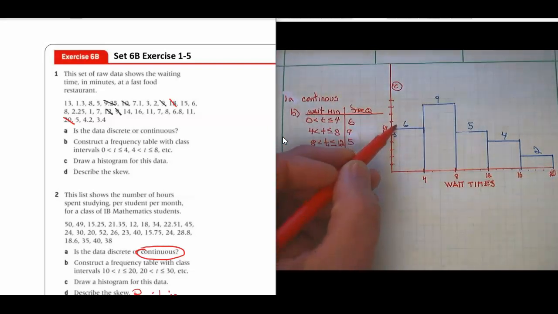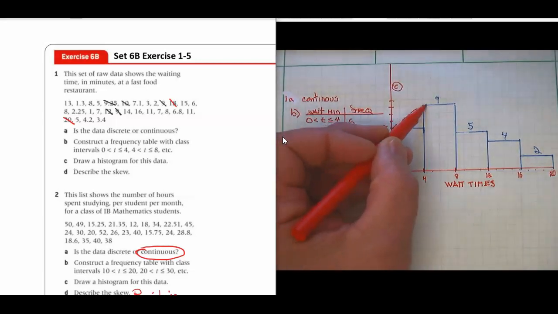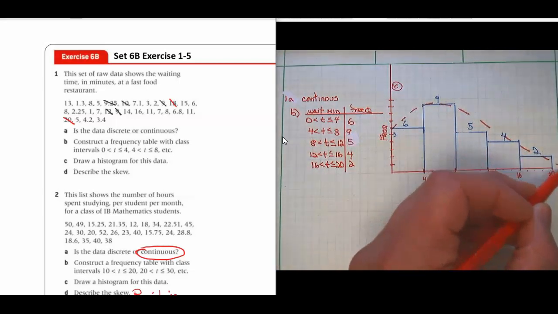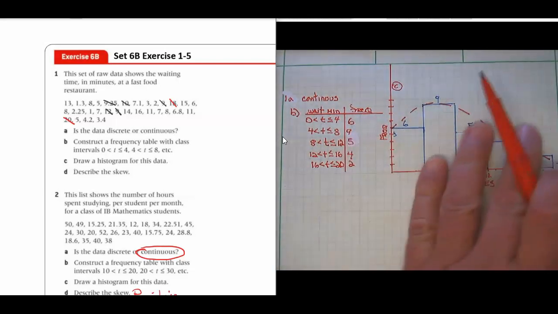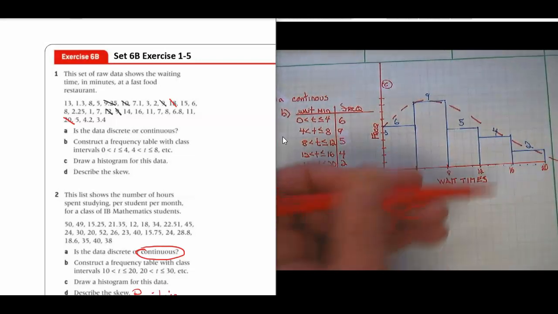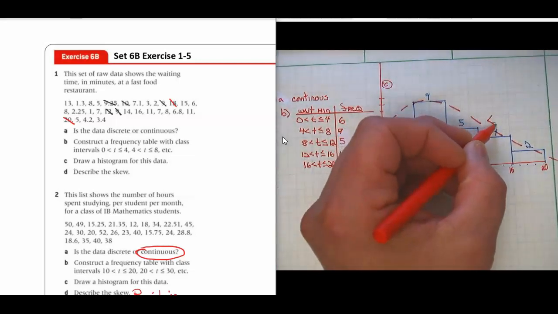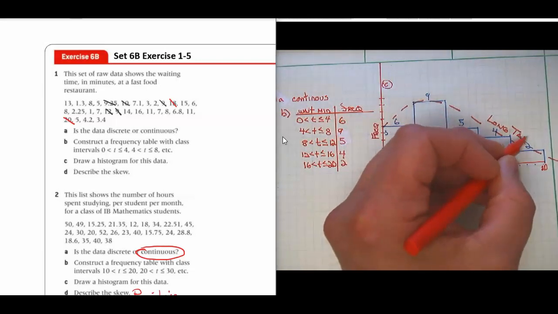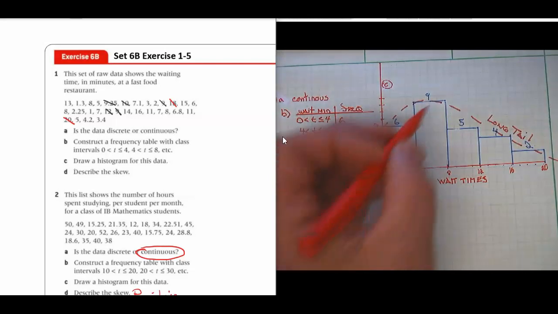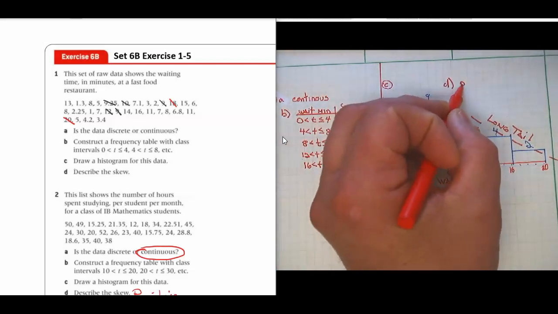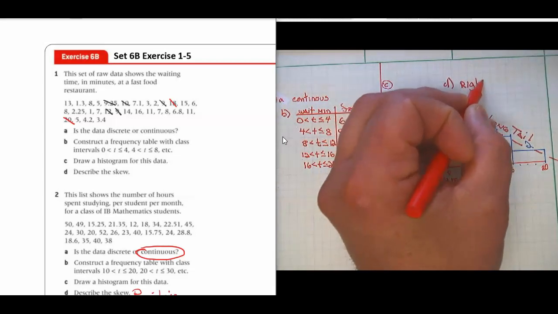So this graph kind of follows this trend right here. It's clumped. The long tail of this curve is to the right. So this is considered to be skewed right or positively skewed.